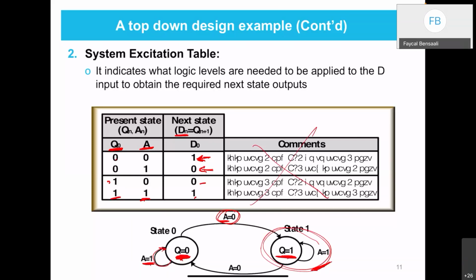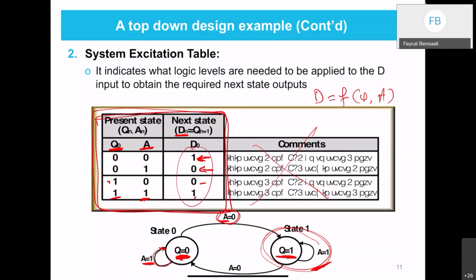What do I need to do next? I will use this table as a truth table, and I will try to find what D is. So what is D as a function of Q and A? It's Q bar A bar plus QA. What is this?